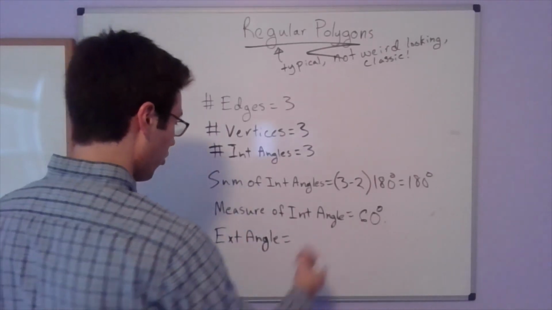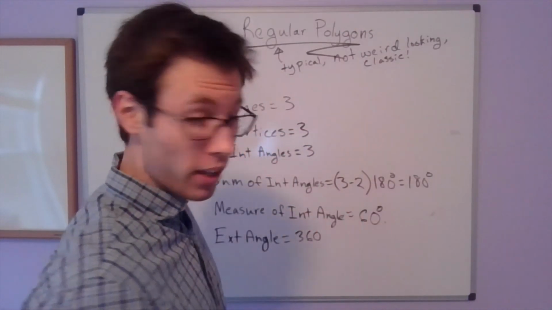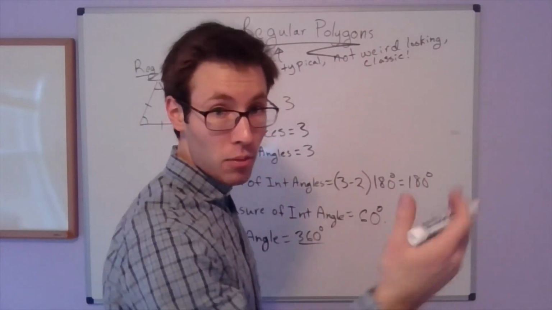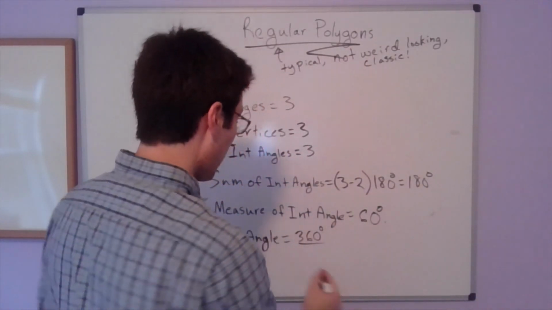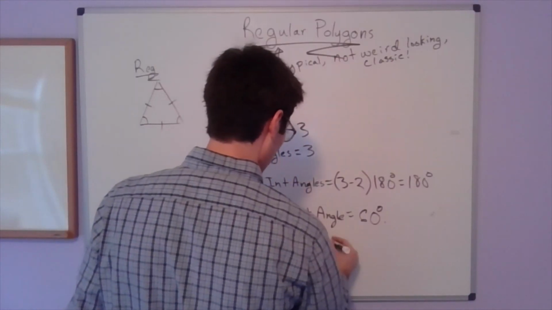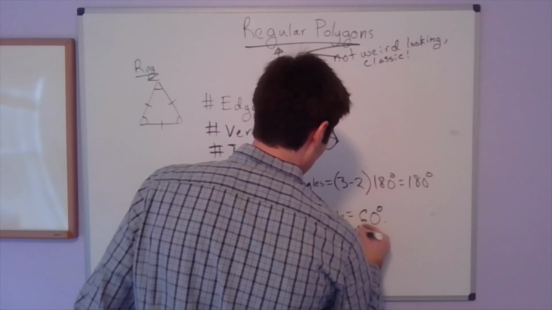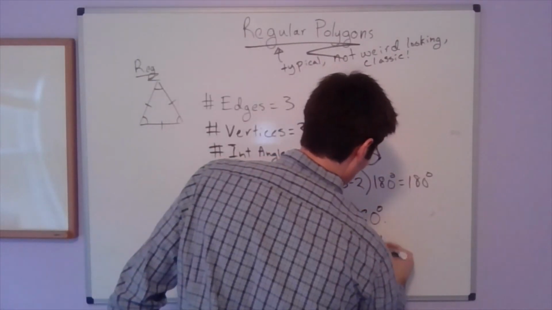Just like the other proof we did before, you take 360, and since x plus x plus x plus x, all those angles, add up to 360, you can divide it by n. So that would be 360 divided by 3, which is 120.